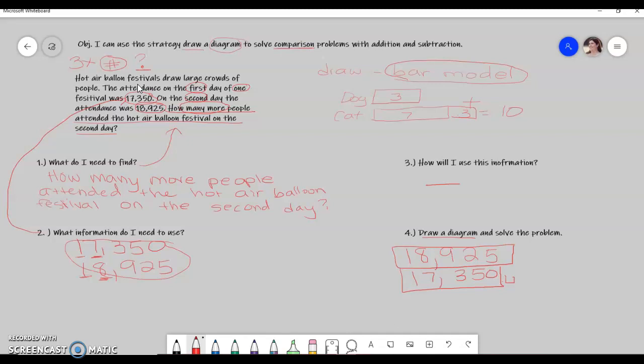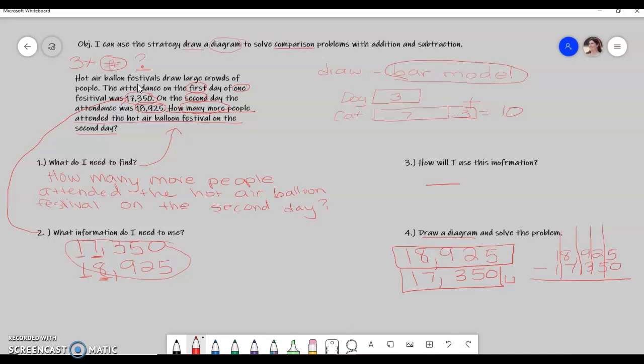All right. So that means that we're going to take these two numbers, 18,925 minus 17,350. And you're going to make sure that you line up the place values like you learned with Miss Marklin. Make sure everything's lined up. Draw your lines.